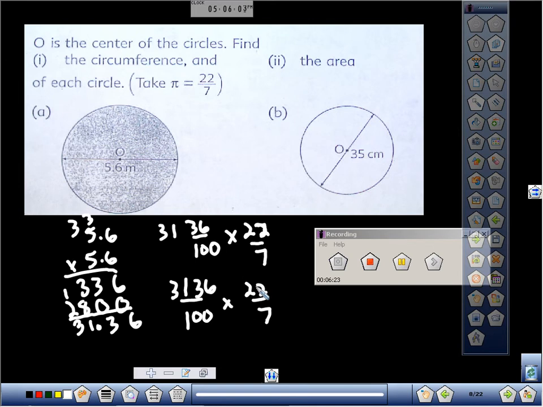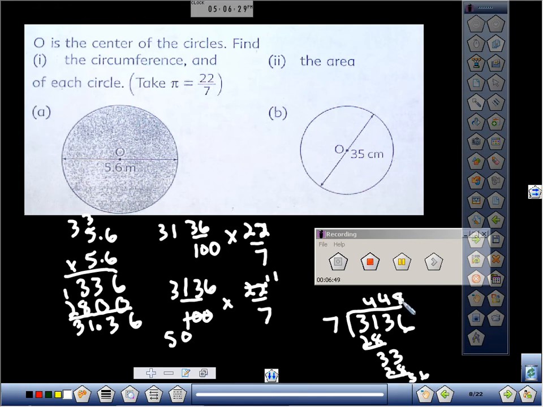Now we got to reduce this. 2 goes into this 50 times. 2 goes into this 11 times. Let's see if 7 fits into 3136. 4, 28. That's 3. That's going to be 4 times again. 28. And then 56. 8 times. That's 448. So this is going to go into itself 1 time.